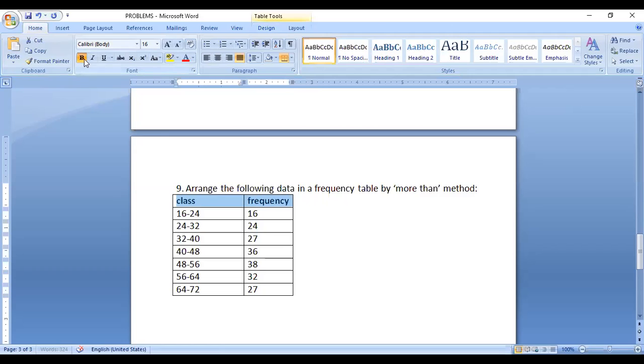So in this way, data is given, question is given. Now how to do it? We will see the solution.